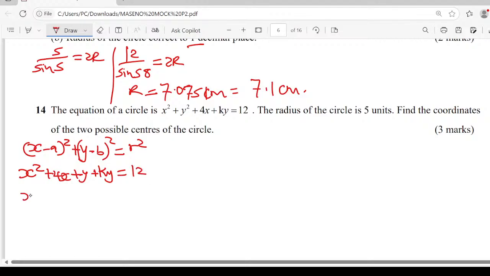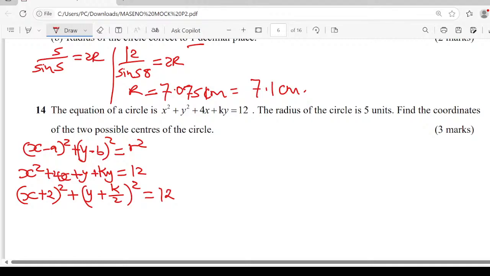So it will be now (x plus 2) squared plus (y plus k over 2) squared should be equal to 12.